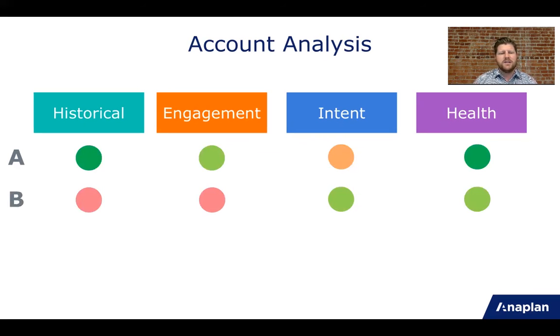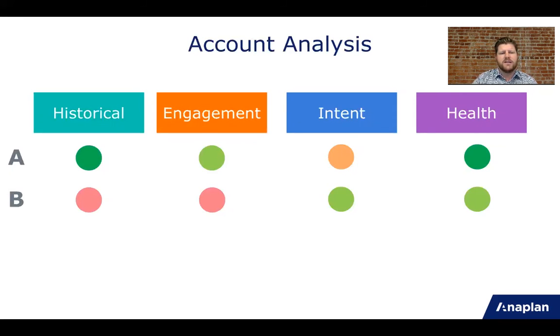We can see that in industry B, there's not much history, there's not much engagement, but there's a high intent. So that means that perhaps this industry isn't aware of my product or service. And so I want to do different targeting around the types of campaigns that I would be looking at for that type of organization, for that industry. I'm going to up the branding and the awareness types of spend. And where we have one within those accounts, the health is okay. So it says to me that we can still service that organization or that industry.